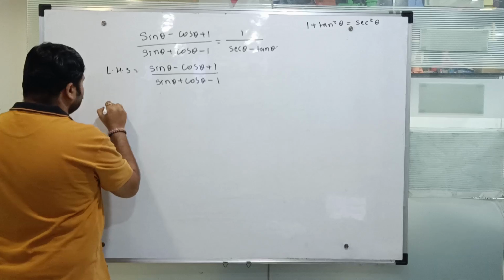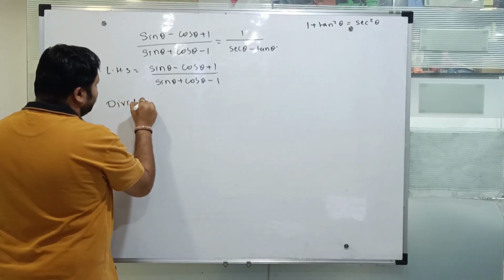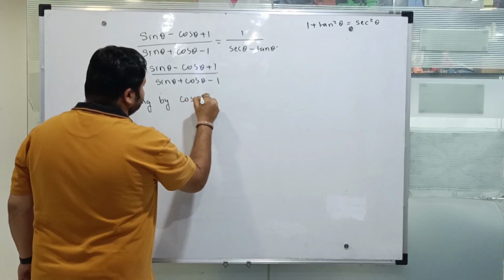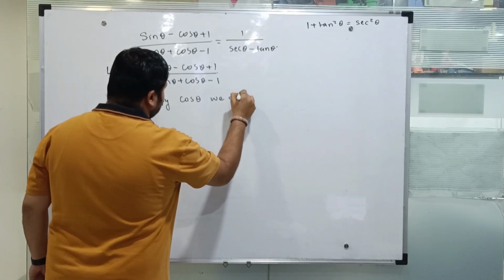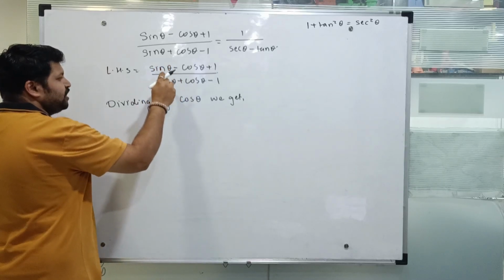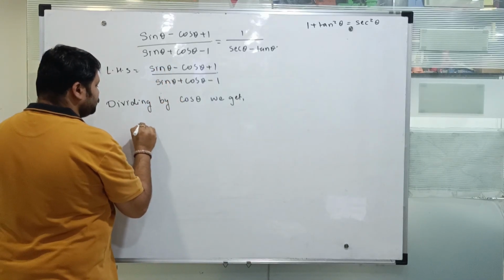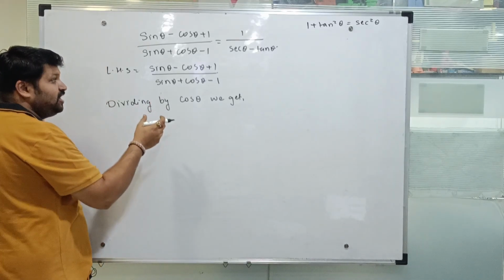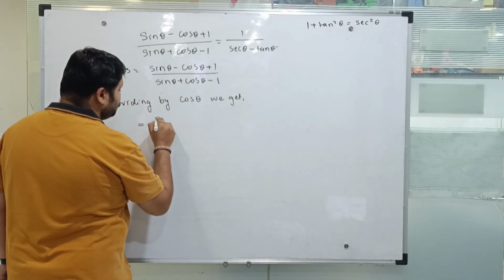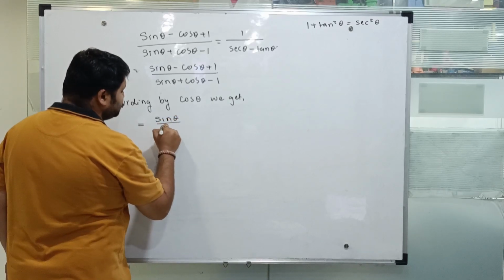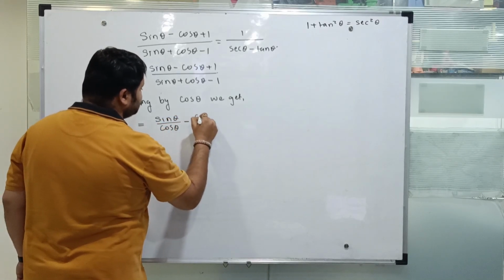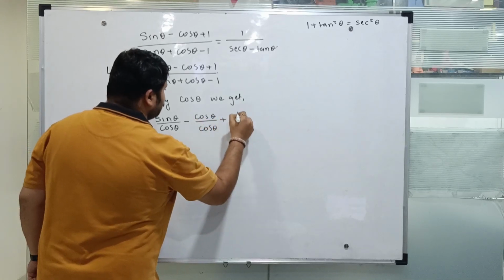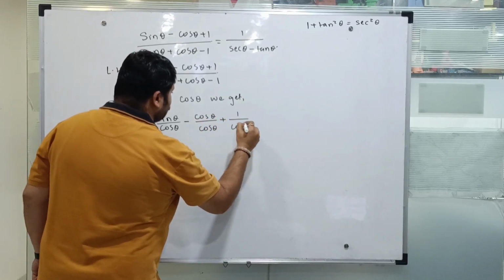Then dividing by cos theta, we get, now what are we dividing? We are dividing the numerator and the denominator by cos theta. Since we are dividing the numerator and the denominator by the same entity, the value doesn't change. So we have sin theta upon cos theta minus cos theta upon cos theta plus 1 upon cos theta.